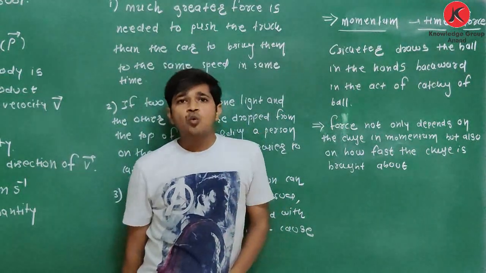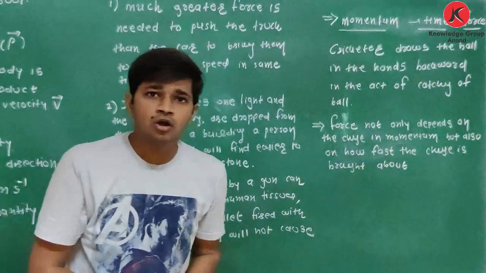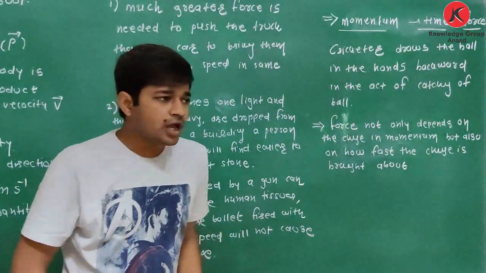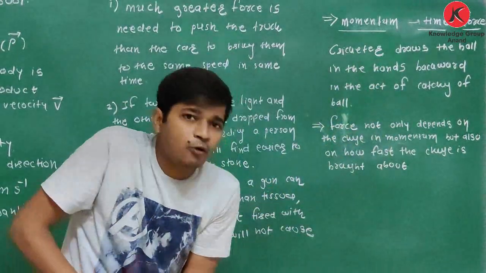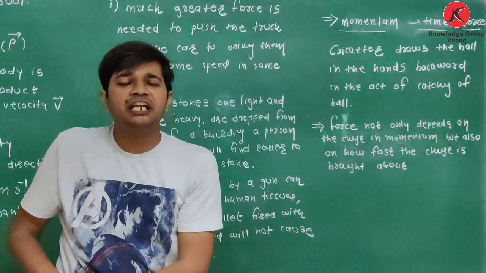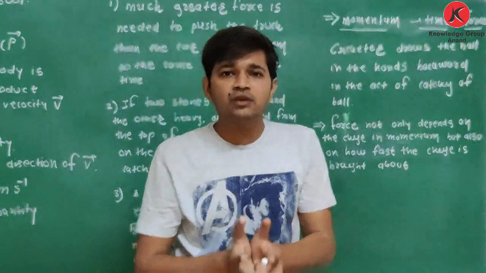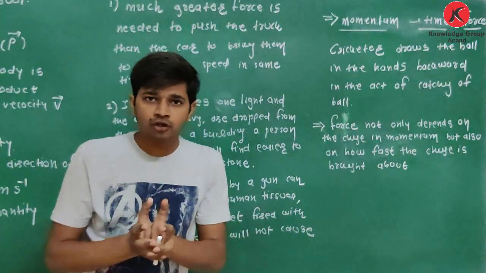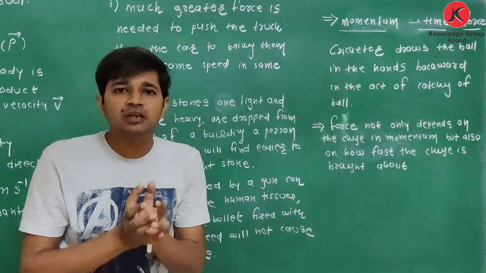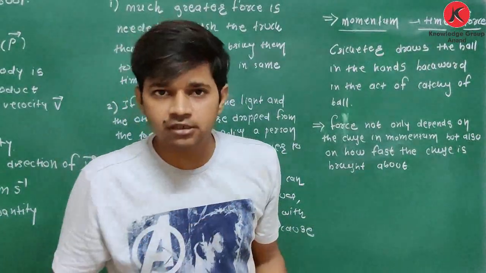Whenever a fielder catches the ball, if you have observed, he draws his hand in the backward direction. Why? Because the ball is moving with higher speed. Yes or no? And if I want to stop it, meaning I want to make its speed 0, I have to change its momentum.